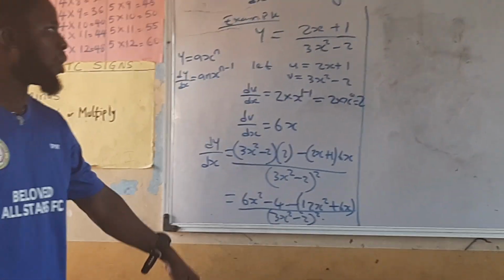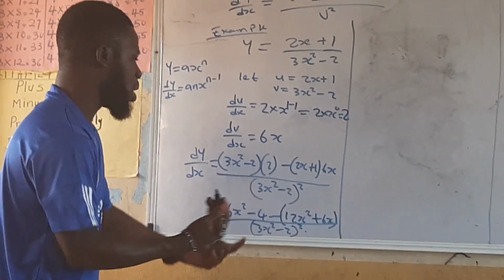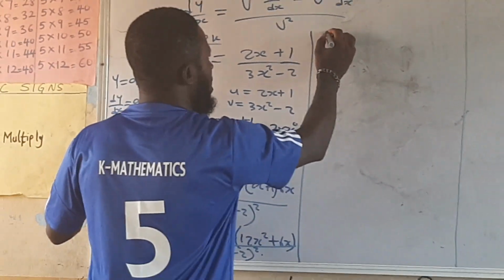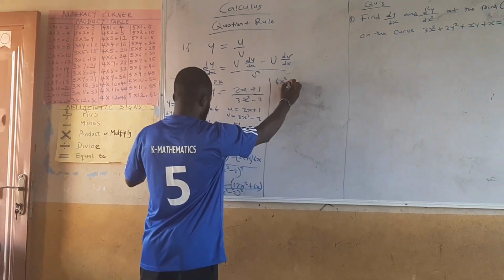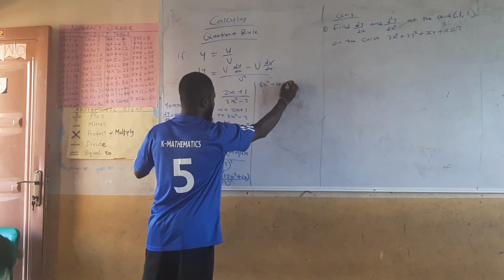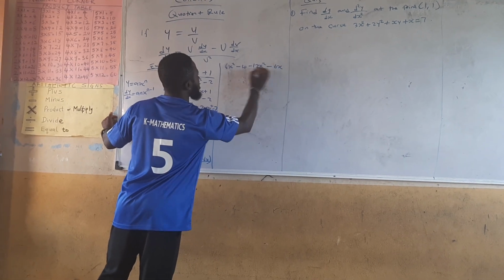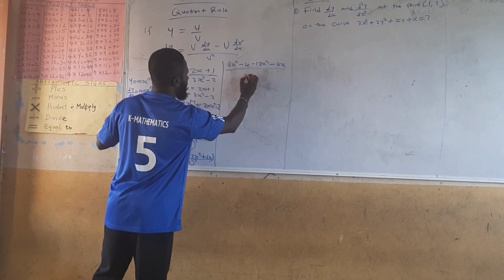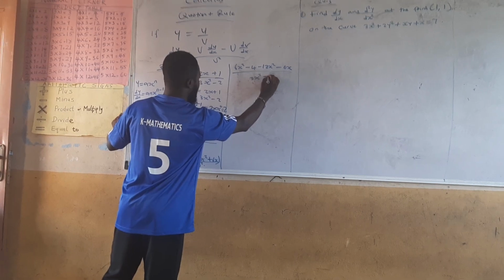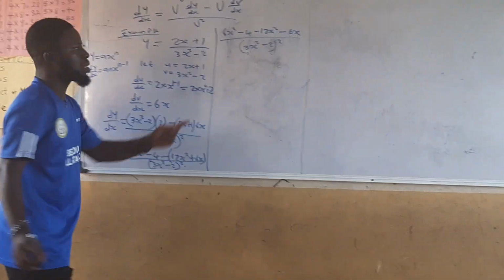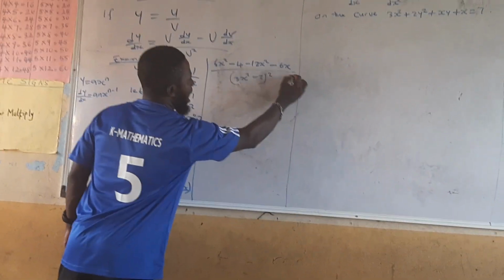So once you've done this, then we can collect like terms, which will give me 6x squared minus 4 minus 12x squared minus 6x, everything all over 3x squared minus 2, all squared. So this will be my dy/dx.